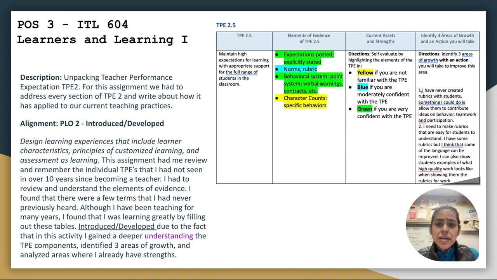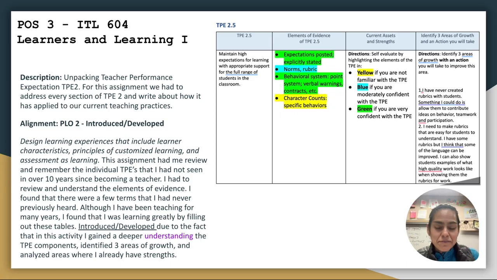And so for this one, I chose PLO 2, which I believe is introduced or developed, because by breaking down TPE 2, I focused on my teaching practices, and it had me review and remember some of these TPEs.